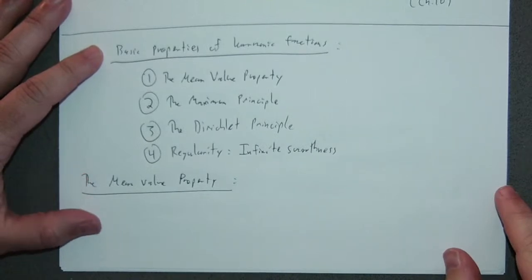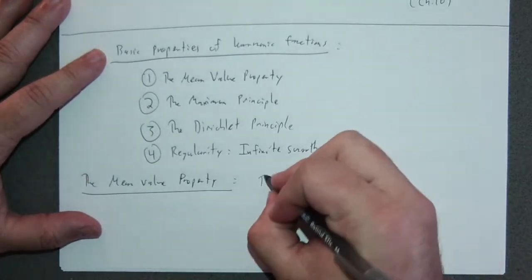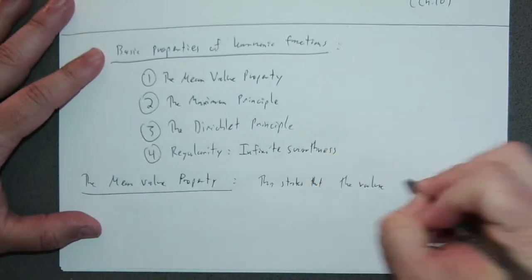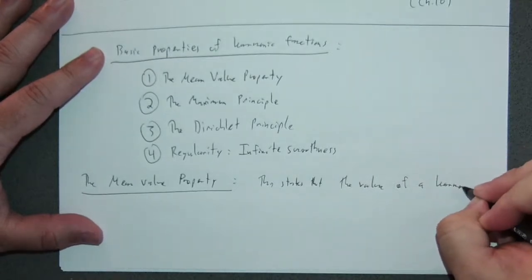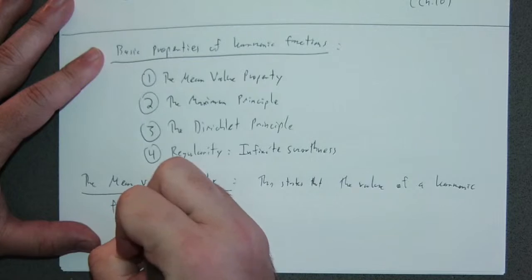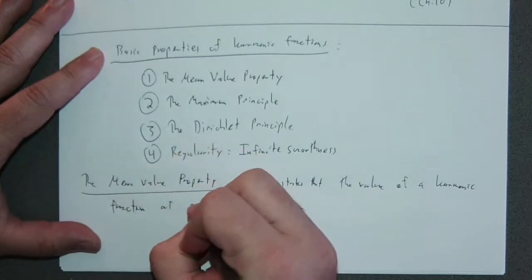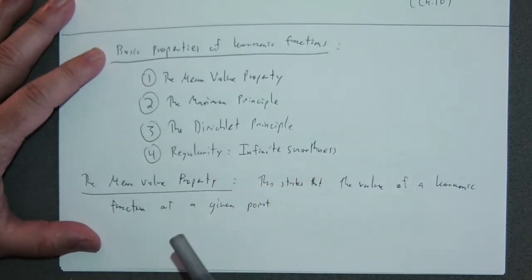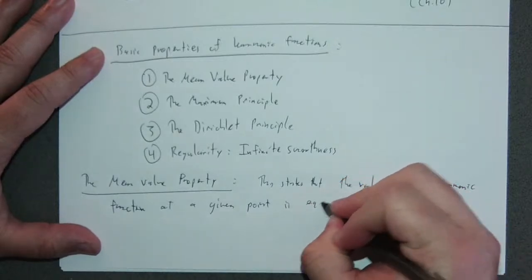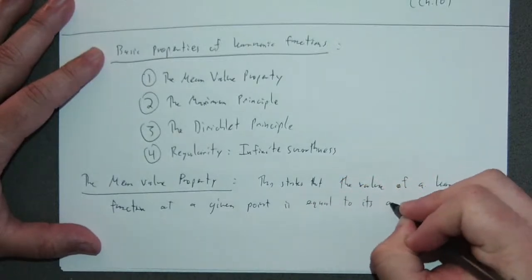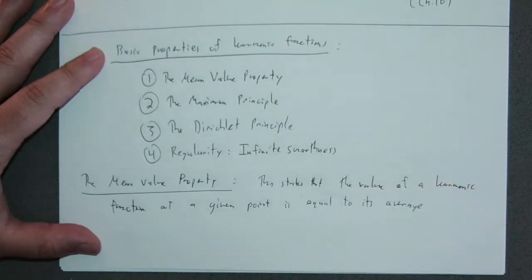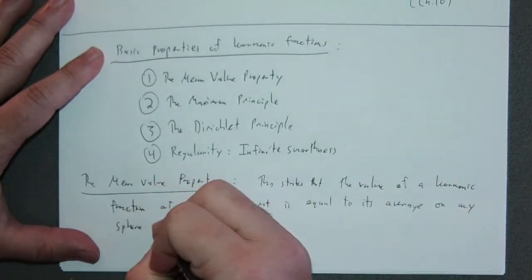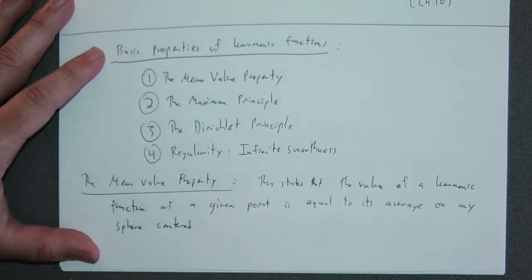This states that the value of a harmonic function at a given point is equal to its average on any sphere centered at that point.